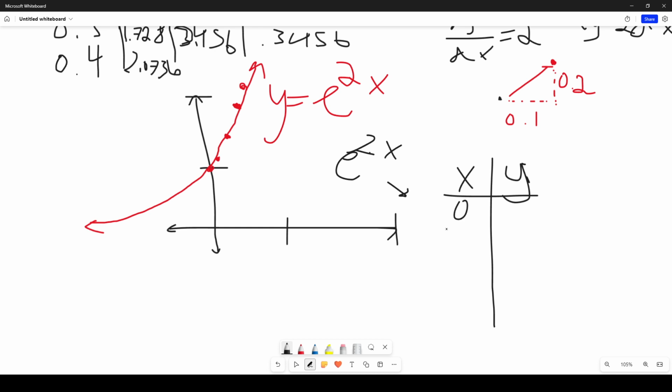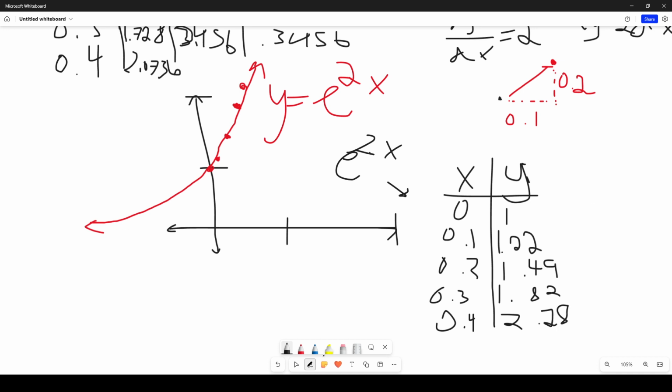So you have 0, 0.1, 0.2, 0.3, and 0.4. We get 1, 1.22, 1.49, 1.82, and 2.23.